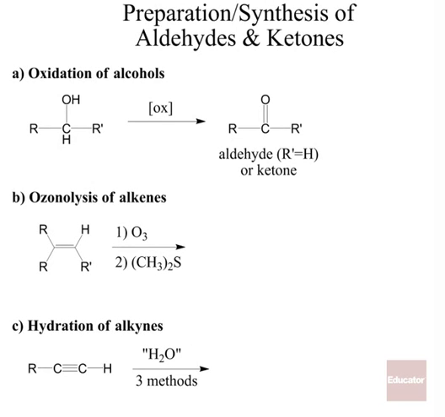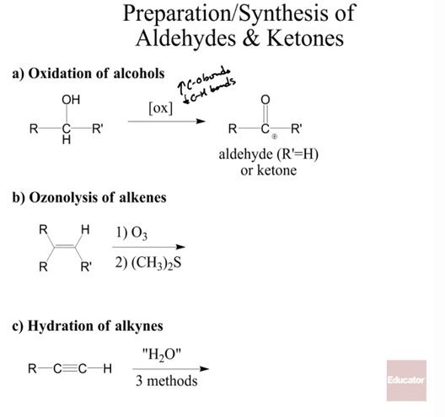So what are some ways that we can synthesize an aldehyde or a ketone? What reactions have we seen that generate C=O double bonds, carbonyls? Well, one way is to start with an alcohol. If we treat an alcohol with an oxidizing agent, we increase our number of C-O bonds and decrease our number of C-H bonds. That's what our oxidation reactions look like. That would be a great way to form a carbonyl.